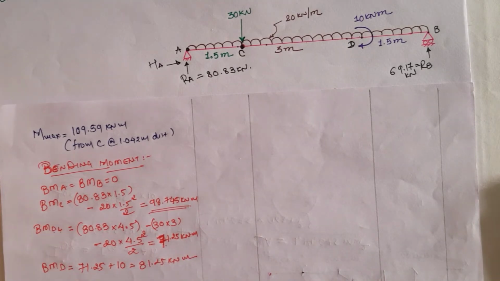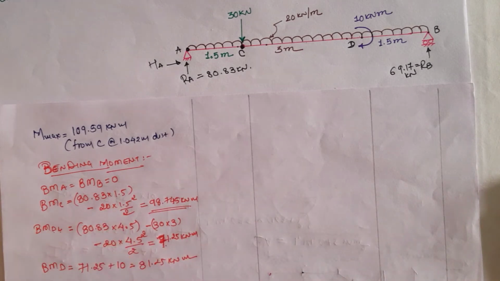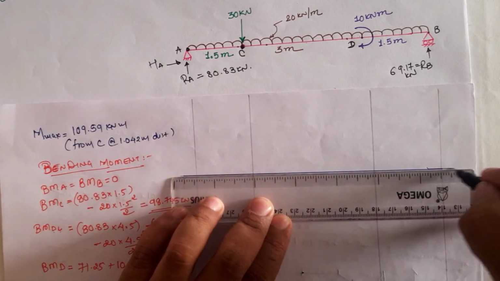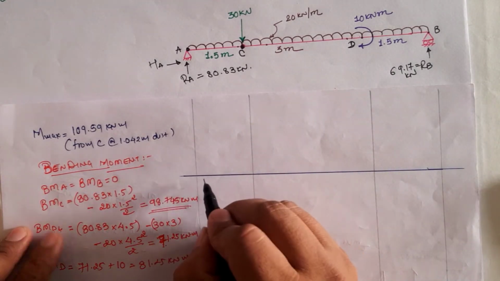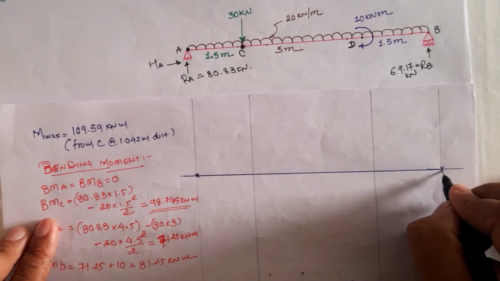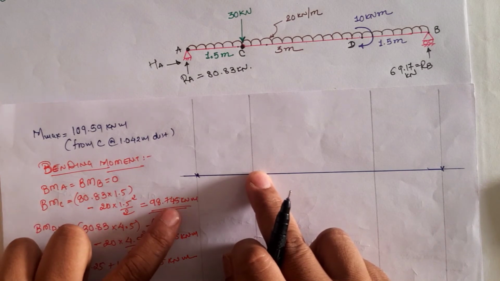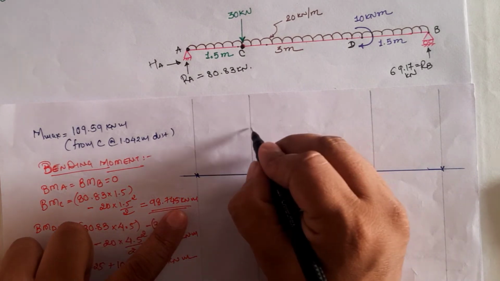So let us go ahead with the bending moment diagram using these values. First we have to consider the reference axis. Now at location A our value is 0, at location B our value is 0. At location C our value is 98.745.